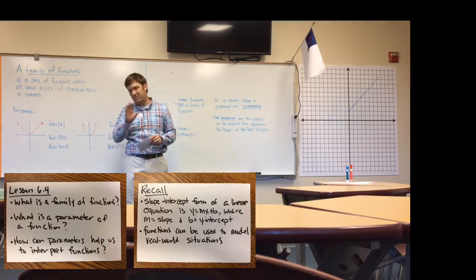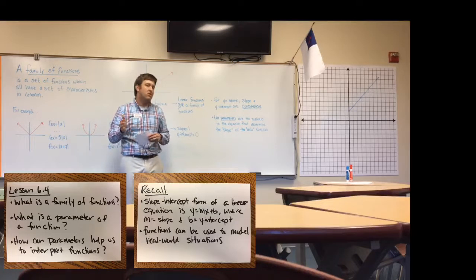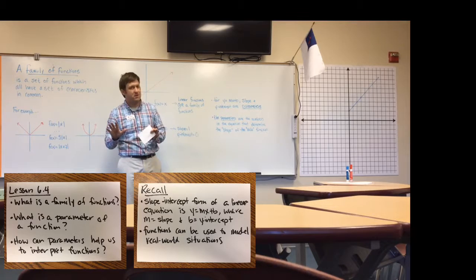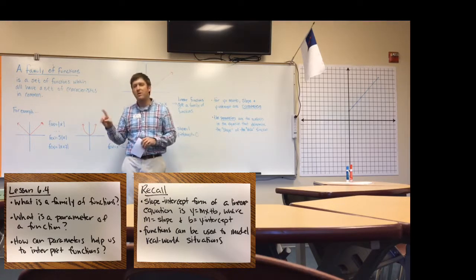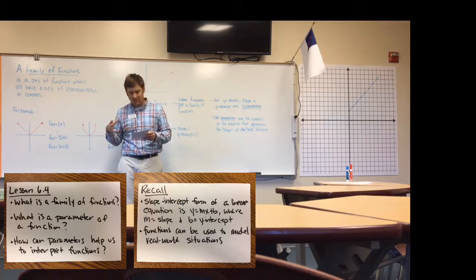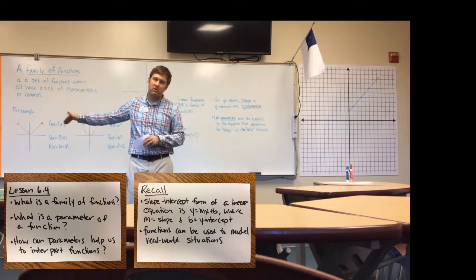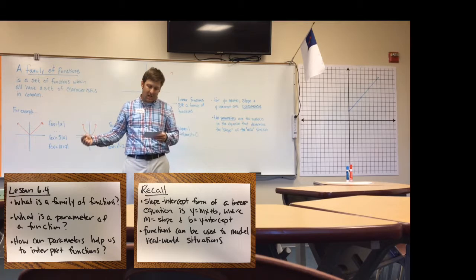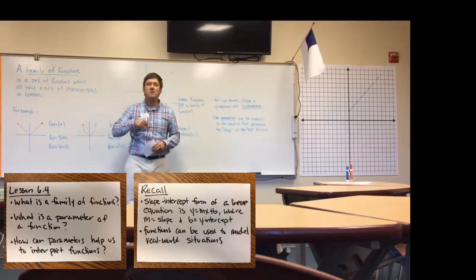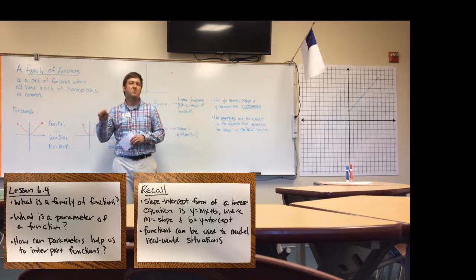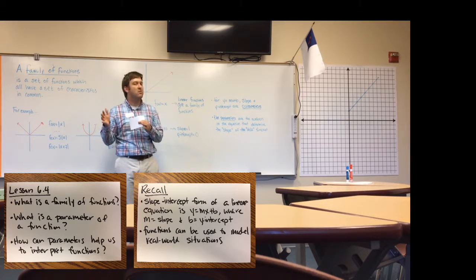And then some things you'll want to remember that you've learned before that will be helpful in this lesson. One is that slope-intercept form of a linear equation is y equals mx plus b. And again, that's over here in the bottom left-hand corner. y equals mx plus b, where m equals slope and b equals y-intercept. So just recall that that's a form of a linear equation.